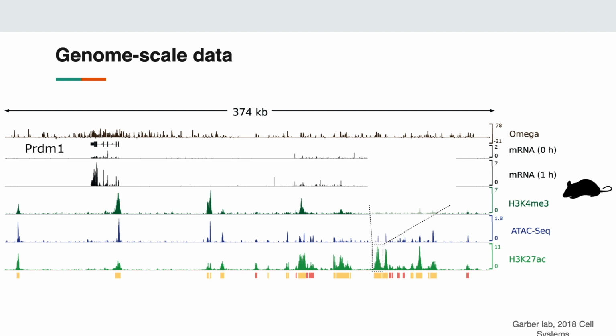And we can also generate libraries to survey chromatin accessibility, shown in blue from ATAC-seq, or histone modifications using ChIP-seq, such as for H3K27 acetylation in light green and H3K4me3 in dark green. And these data allow us to detect regions that likely function as regulatory elements, including promoters and enhancers.